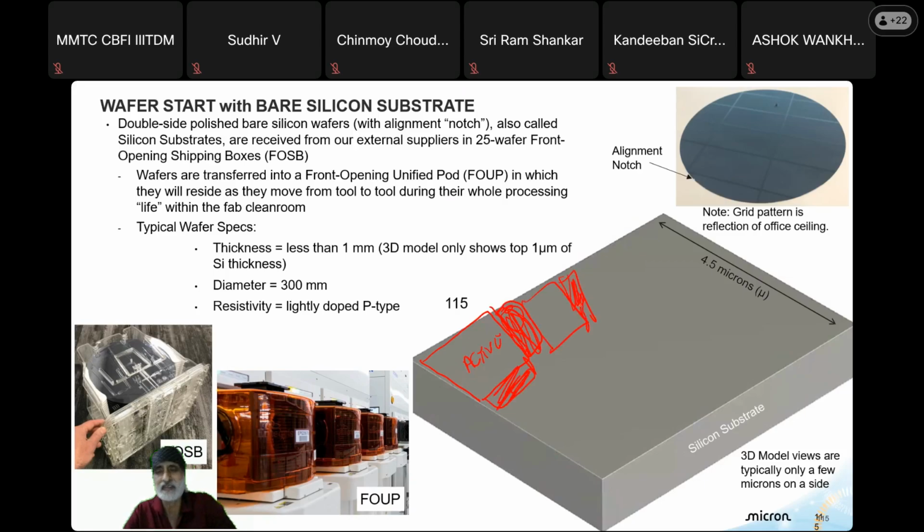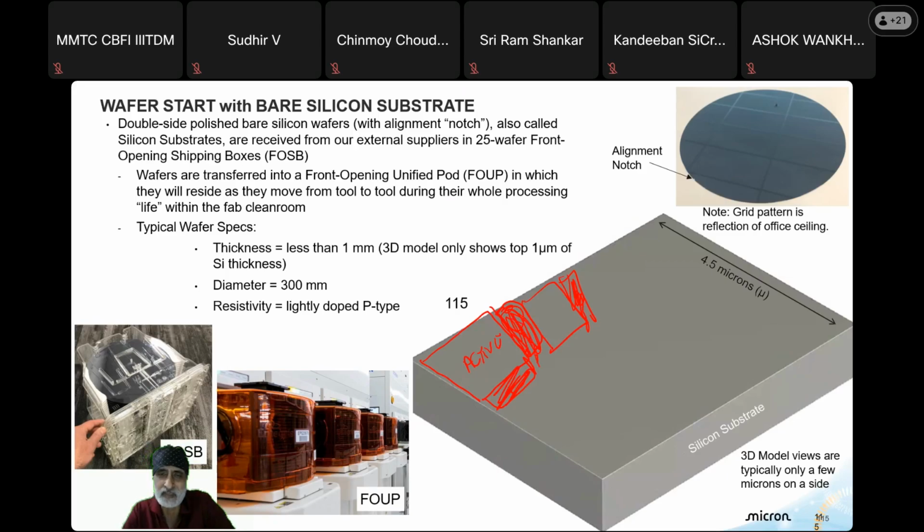It's just like demarcation in a house. If you have a plot, they demarcate it, and then we construct a boundary wall. So these areas are decided first, and the boundary walls are the isolation areas. How to make this isolation area, and what the issues are, we will see.